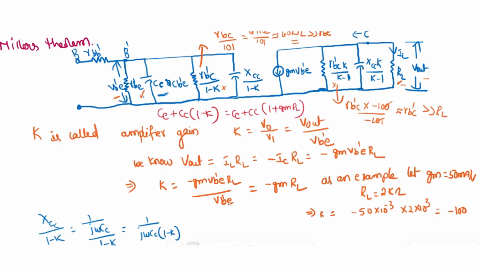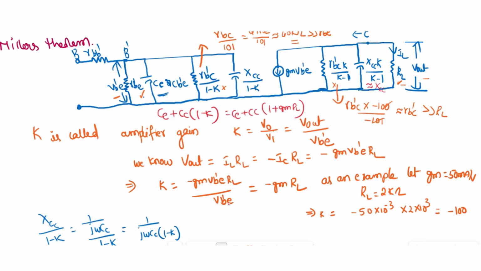Now coming to this output side capacitance, XCC into K by K minus 1. As this RB dash C into K by K minus 1 is approximately RB dash C, XCC into K by K minus 1 is also approximately equal to XCC.